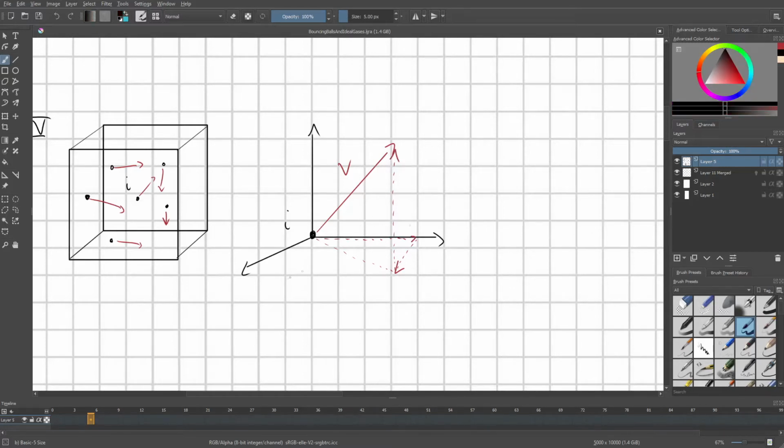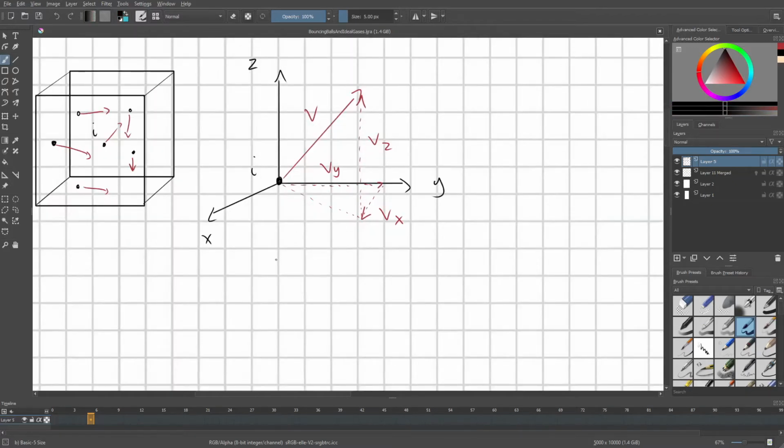So if this is my x, y, and z direction, then we would have a vx component, a vy component, and a vz component. And of course we know, just based on Pythagoras, that v squared would be equal to vx squared plus vy squared plus vz squared.